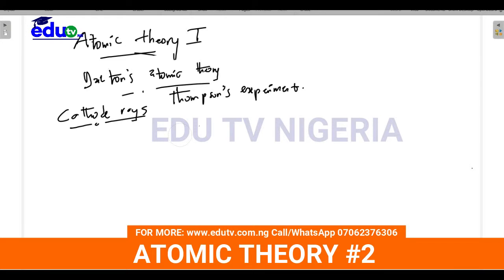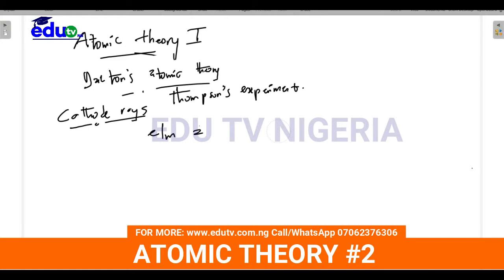The charge is 1.6 times 10 to the power minus 19 coulombs, and the mass was measured to be about 9.1 times 10 to the power minus 31 kilograms.